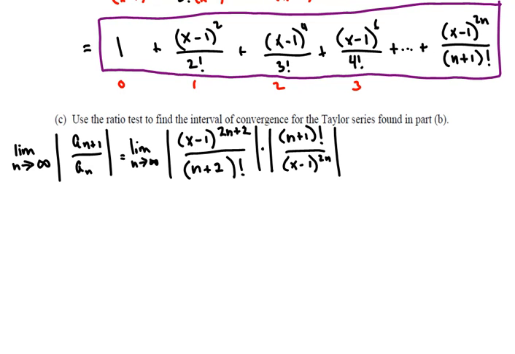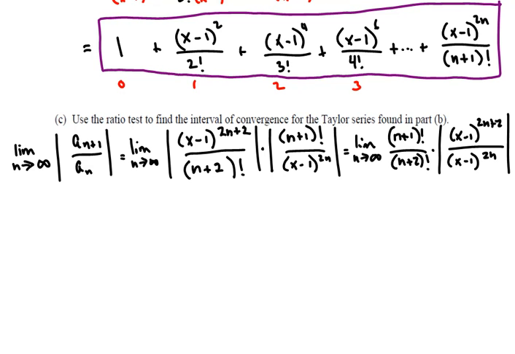What I can do here, first of all, is collect my n plus 1 factorials. And since n is always a positive number, there's no need for the absolute values in that place. And my x's then, I would have x minus 1 quantity to the 2n plus 2 divided by x minus 1 to the 2n.